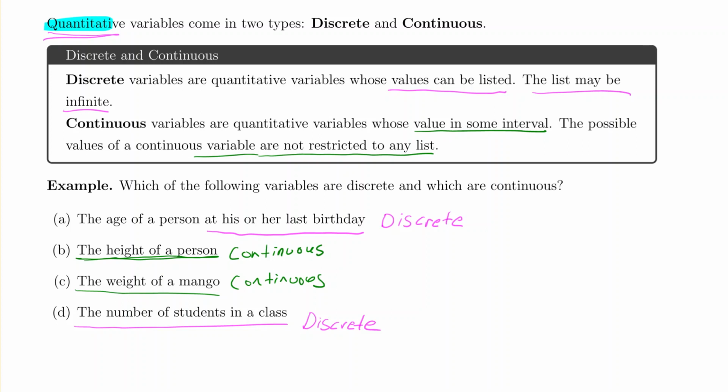A continuous variable is a quantitative variable that is in intervals, and the possible values are not restricted to any list, or we can also put it this way: we cannot list all of them. Like weight and height, temperature, speed, those things are all quantitative continuous variables.